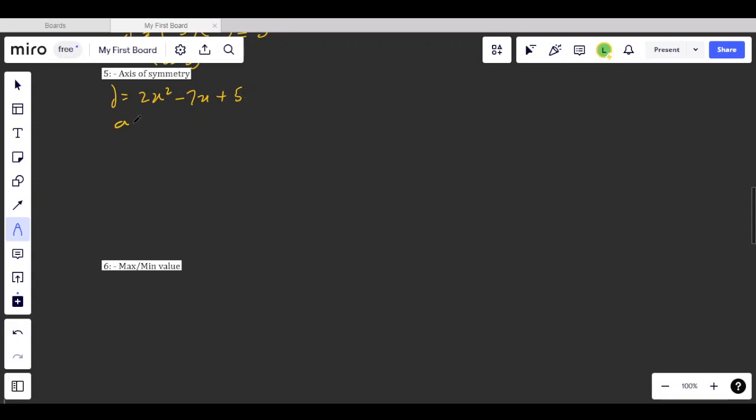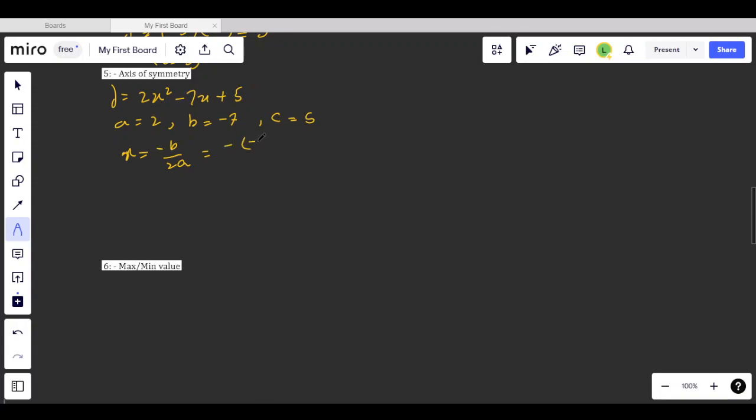So here a is equal to 2, b is equal to minus 7, and c is equal to 5. The formula for the equation of the axis of symmetry is x is equal to minus b over 2a. Now we substitute the values.